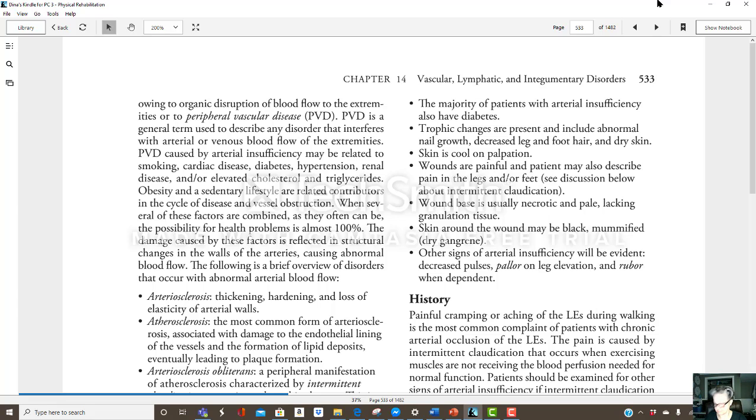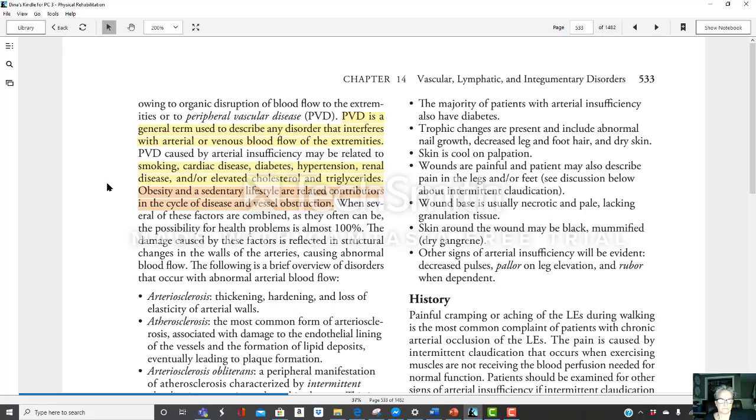PVD. PVD is a general term used to describe any disorder that interferes with arterial or venous blood flow of the extremities. PVD caused by arterial insufficiency may be related to smoking, cardiac disease, diabetes, hypertension, renal disease, and/or elevated cholesterol and triglycerides. Obesity and a sedentary lifestyle are related contributors in the cycle of disease and vessel obstruction.